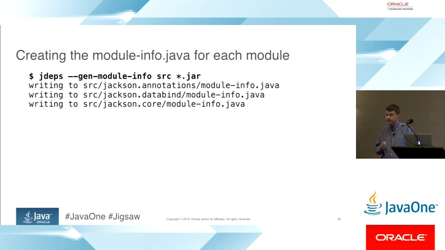The version of JDEPS that's in JDK 9 has a bunch of additional options that aren't available in the 8 version, and this is one of the command line options that is new in the JDK 9 version. When you run JDEPS on a bunch of jar files with gen module info, it will generate you a starting module info. I've run it on these 3 jar files, and it has created 3 module infos, one for each of the jar files, and we'll look at that in the next slide.